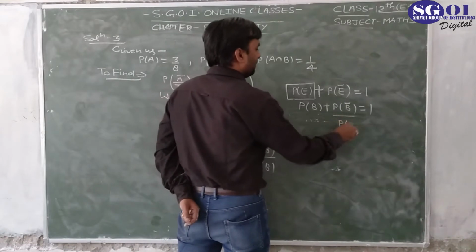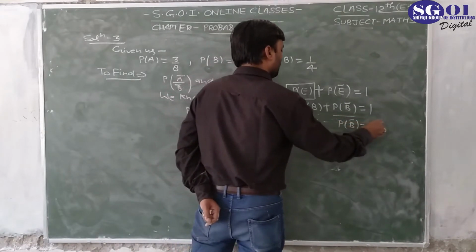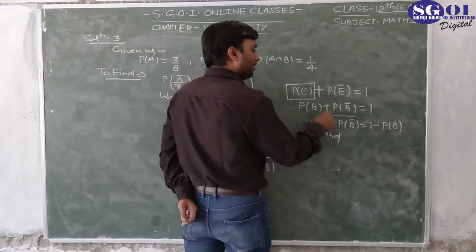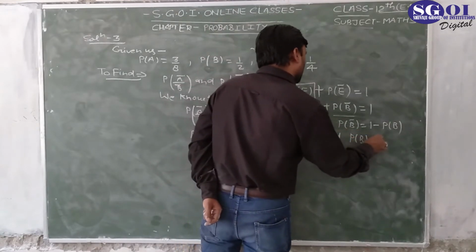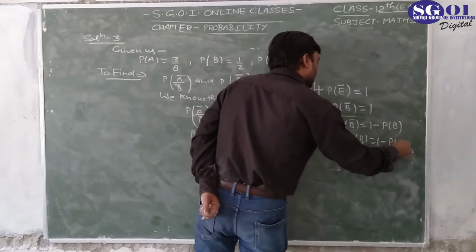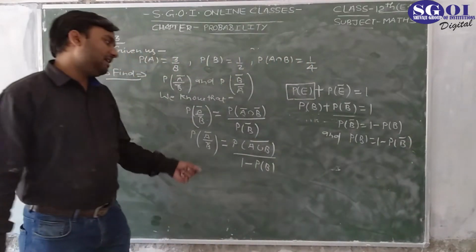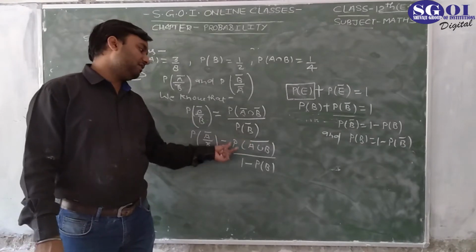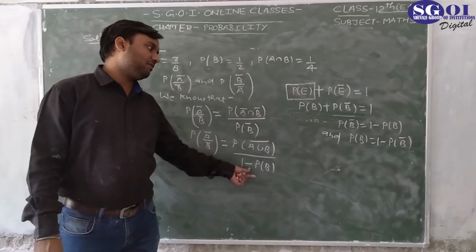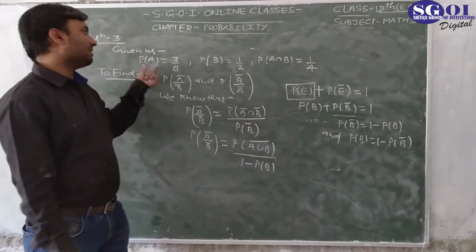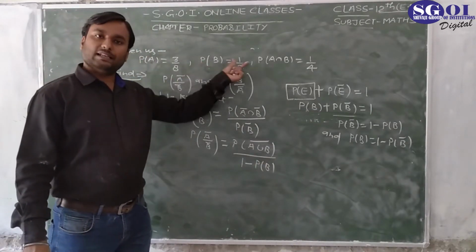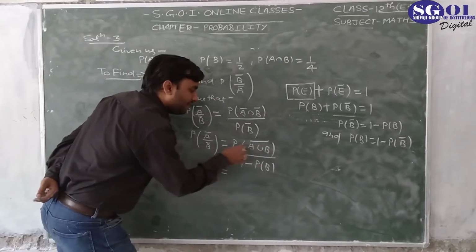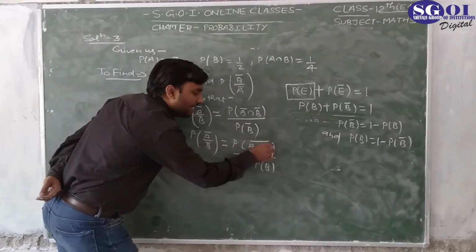So we can write probability of B bar is equal to 1 minus probability of B, and probability of B is equal to 1 minus probability of B bar. So I have to find probability of B bar. So we will use probability of B bar is equal to 1 minus probability of B because probability of B is given to us.